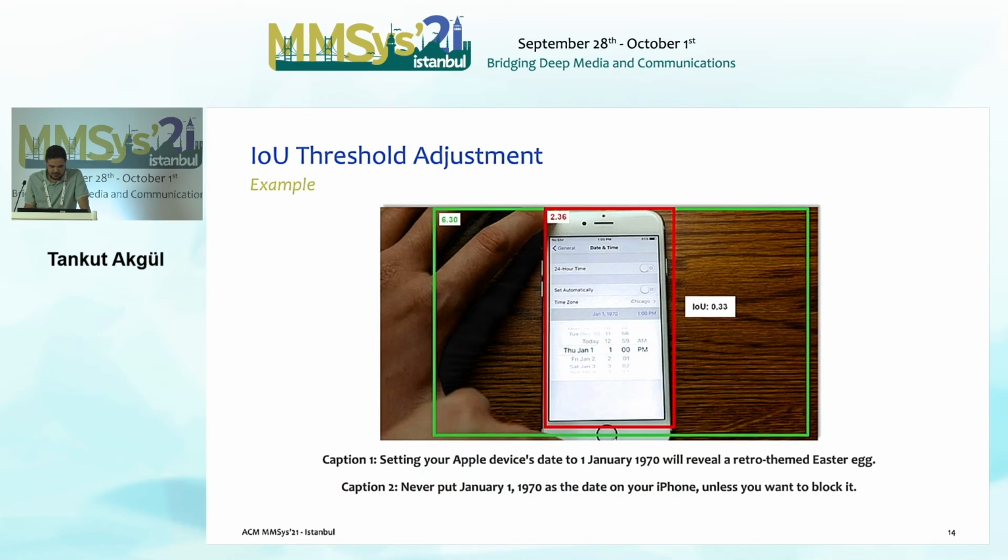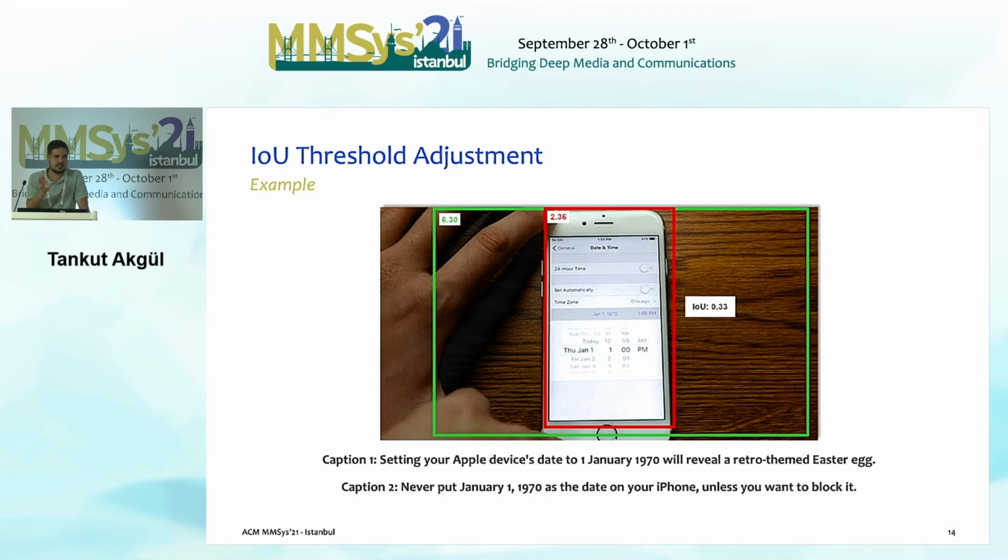And this is an example of this method being applied. So there are two captions. They are talking about an iPhone, and the IOU threshold here is 0.33. So these captions are actually out of context.